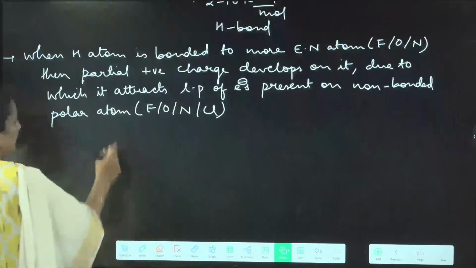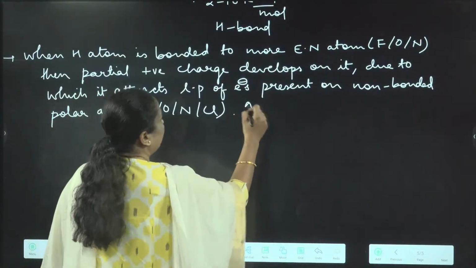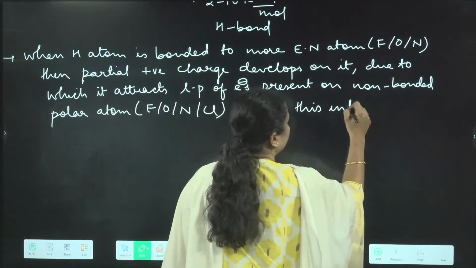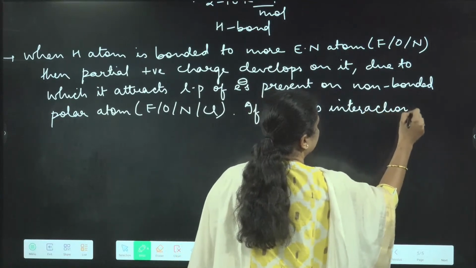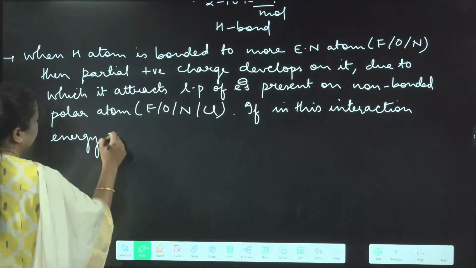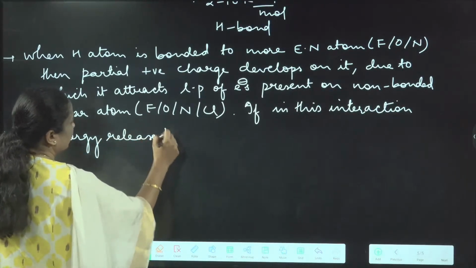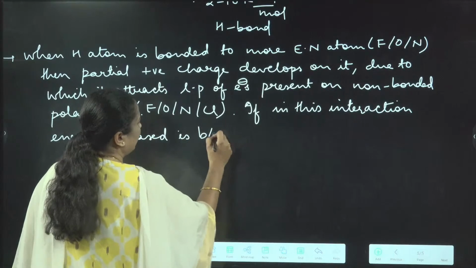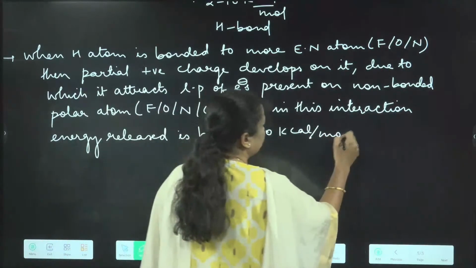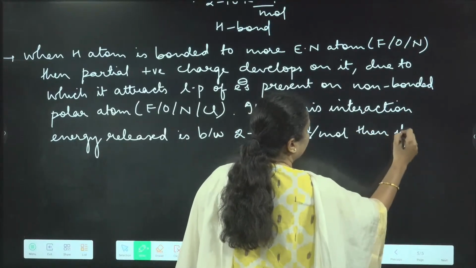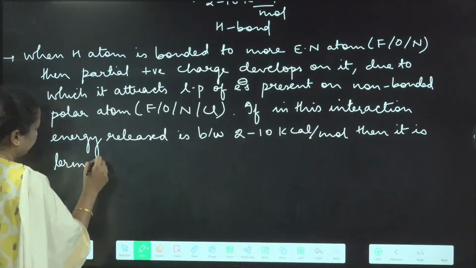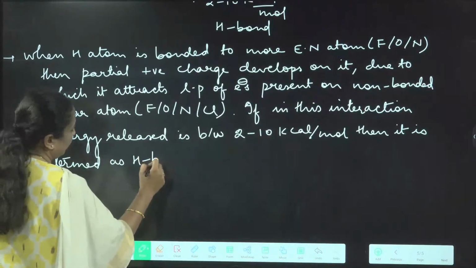In general, I am saying, if in this interaction the energy released is between 2 to 10 kilocalorie per mole, then it is termed as hydrogen bond.